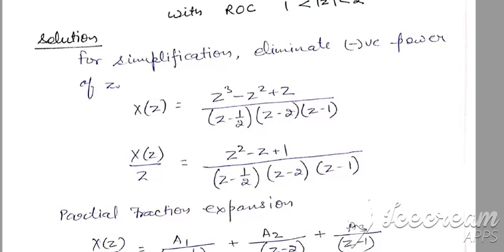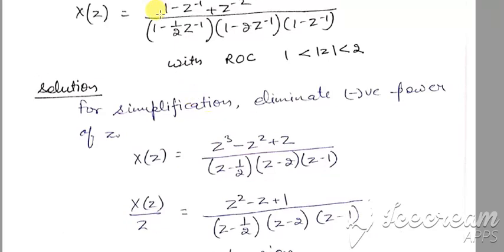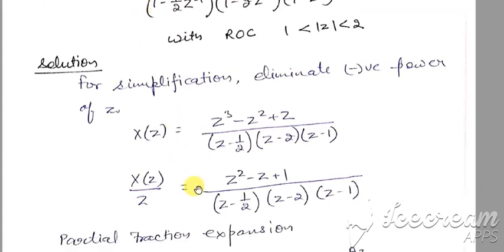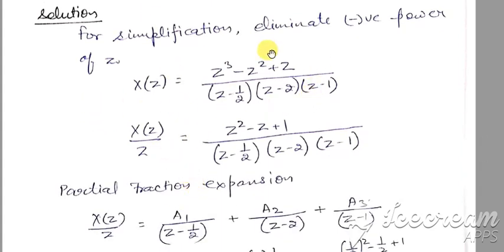For simplification, we will eliminate the negative powers of Z and we will write X(z) as positive powers of Z by multiplying by Z raised to the power 3 in the numerator and denominator both. We get this.